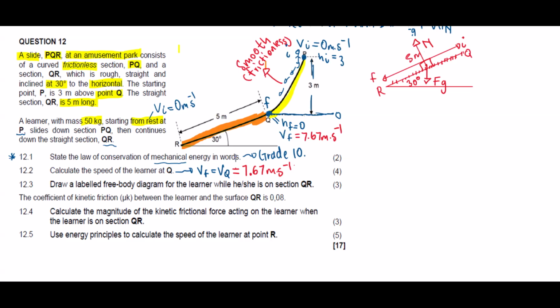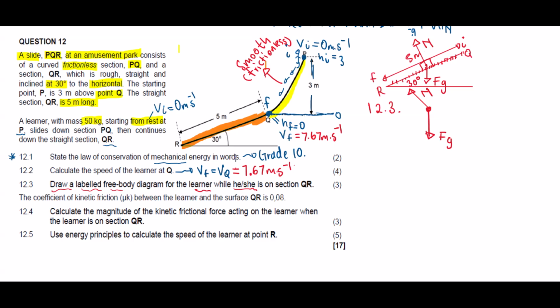So if we draw the free body diagram for 12.3, you will notice that we will have a force here, Fg, going exactly down, and then another force here, which is the normal force. Do we have any applied force to the object? They're saying to draw a labeled free body diagram for the learner while he or she... So it's clear that in terms of gender, they just didn't want to specify.